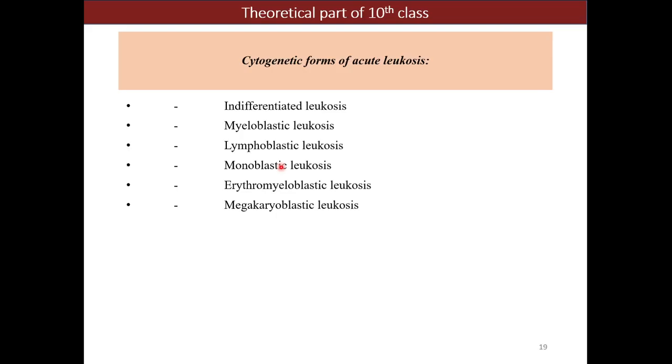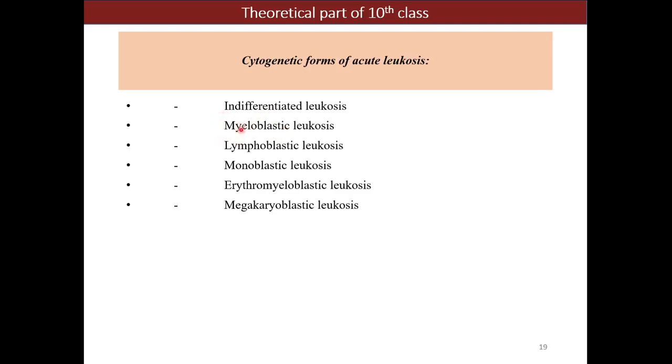The hematologist will make a conclusion about the peripheral blood, and he will write to you the form of the leukosis. And please pay attention to the ending. If you see the suffix or ending blastic, it means that the patient has acute leukosis.